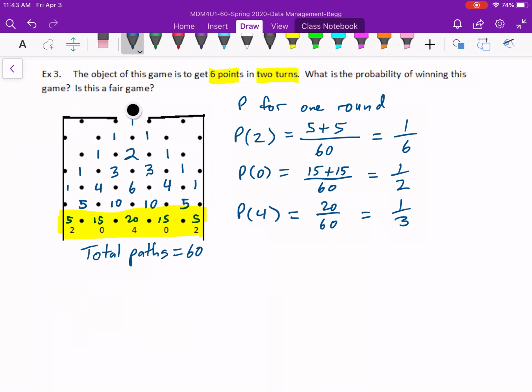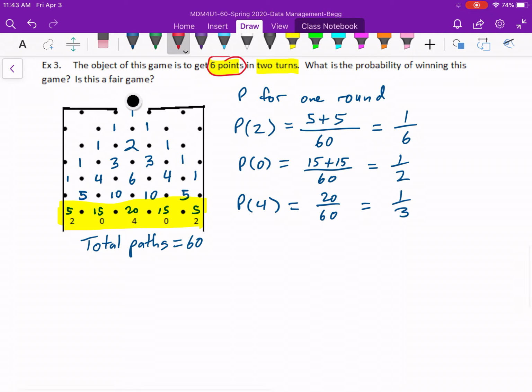Now we have to get this part about getting 6 points. If you're going to play 2 rounds, how are you going to get 6 points? Well, if you got a 0 on the first round, you're out of luck, right? Because the second round, you'd have to get 6 points on the second round just to win, and there's no way to get 6 points on the second round.